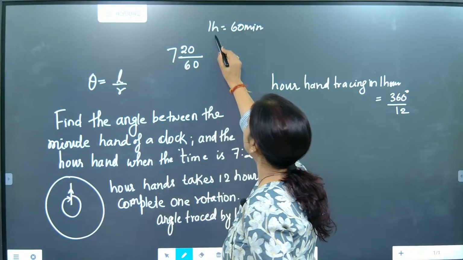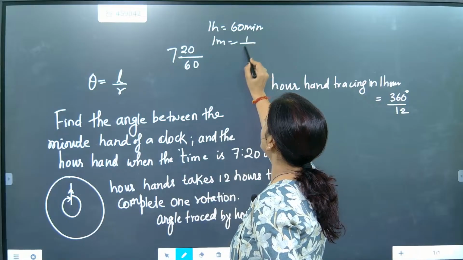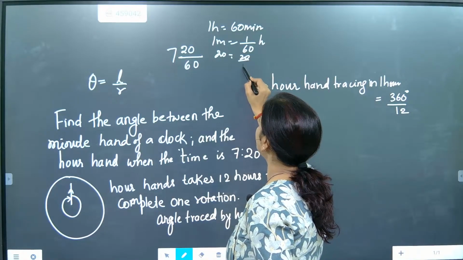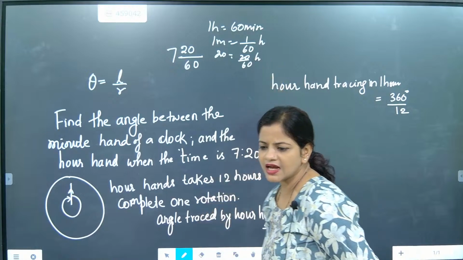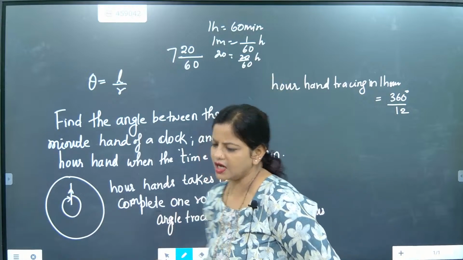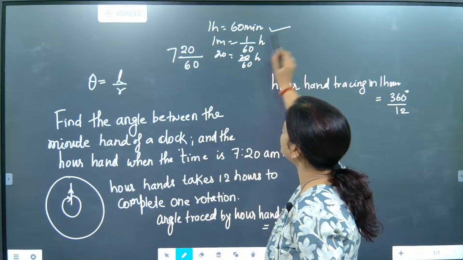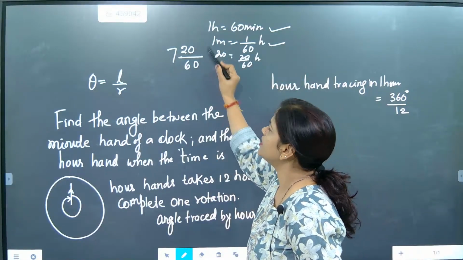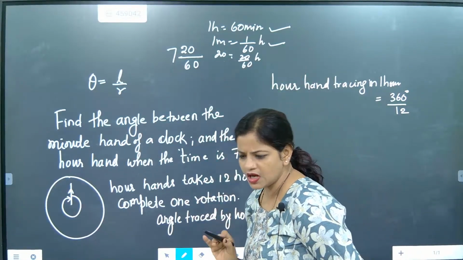So 1 minute is equal to 1 by 60 hour. So 20 minutes will be 20 by 60 hour. This is exactly the concept of conversion. Understood? So when we divide 20 minutes by 60, we will get total hours.